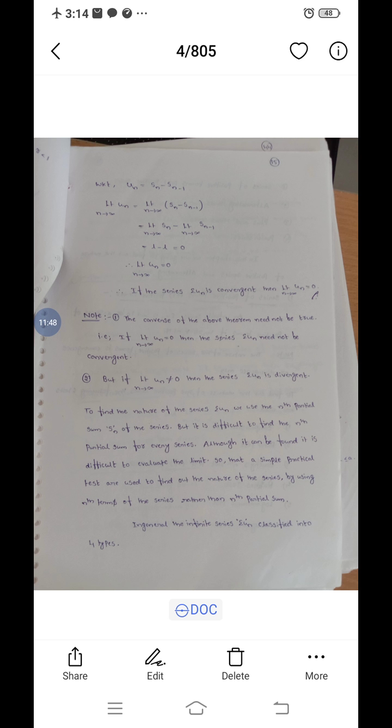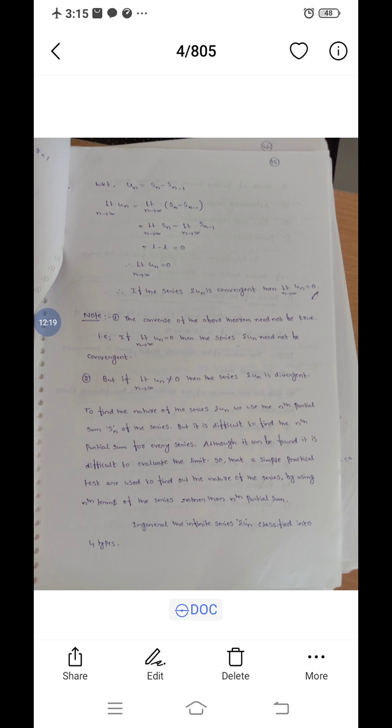Now consider limit n tends to infinity Un, which is equal to limit n tends to infinity of Sn minus Sn minus 1. Next we apply the limit to each term separately: limit n tends to infinity Sn minus limit n tends to infinity Sn minus 1. Already you know that limit n tends to infinity Sn is equal to L, and limit n tends to infinity Sn minus 1 is also L. So L minus L, you will get 0.